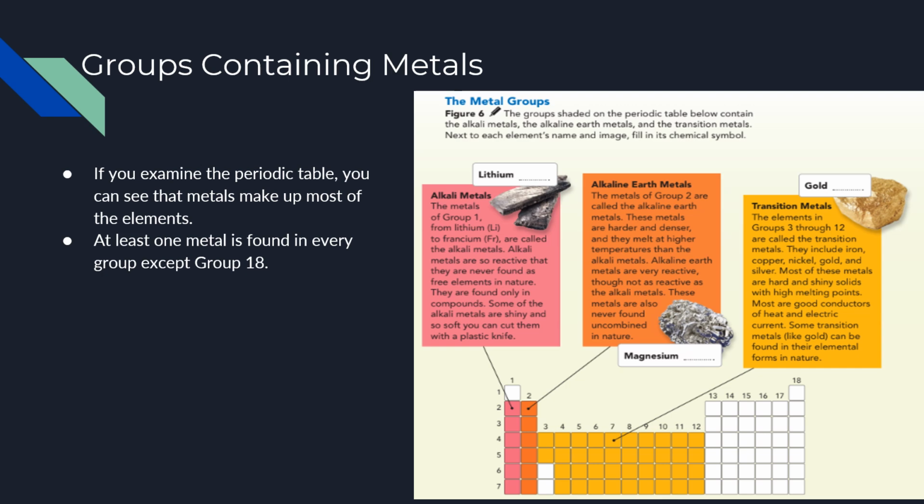The groups shaded on the periodic table below contain the alkali metals, the alkaline earth metals, and the transition metals. Next to each element's name and image, fill in its chemical symbol. So lithium is capital L, lowercase i, magnesium, capital M, lowercase g, and gold is one of the oddly labeled ones, and it is capital A, lowercase u.